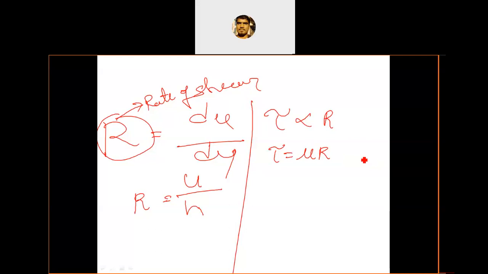Then we can write it as mu is equal to tau by R. Okay.